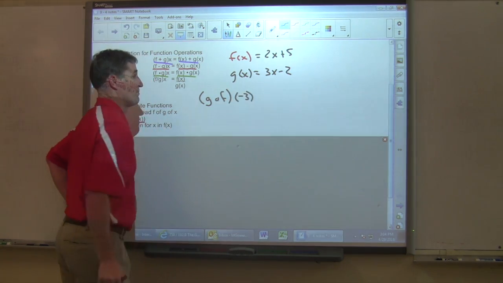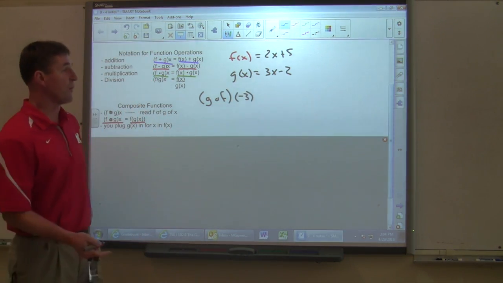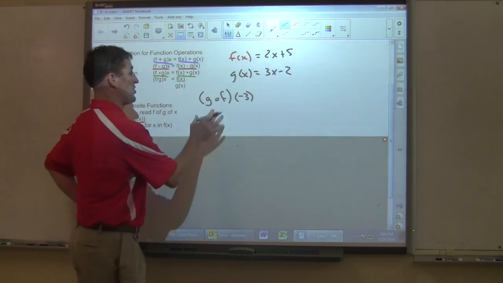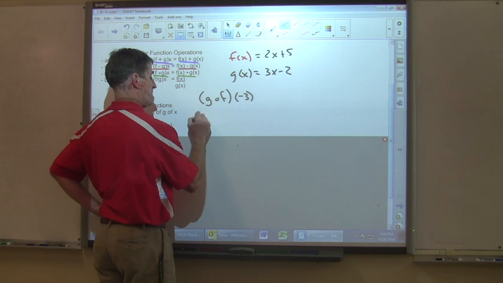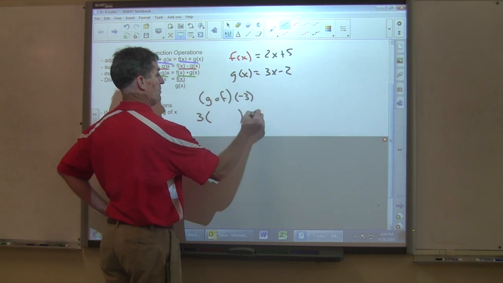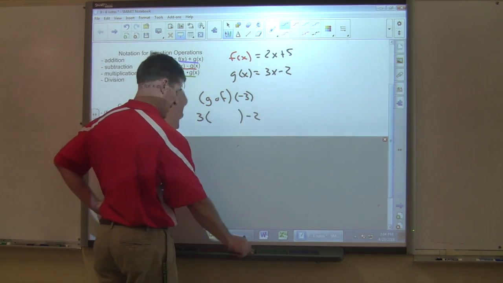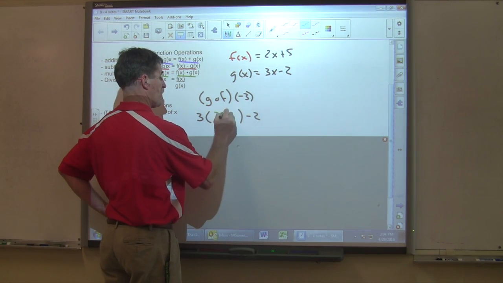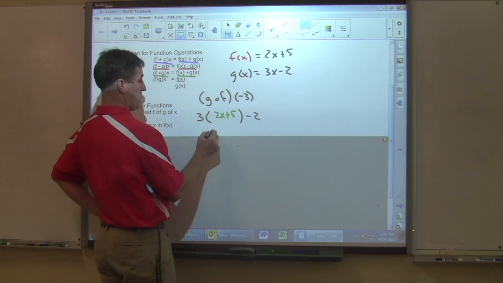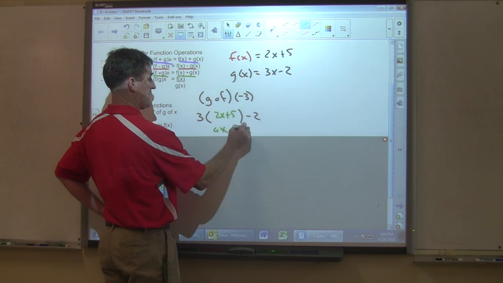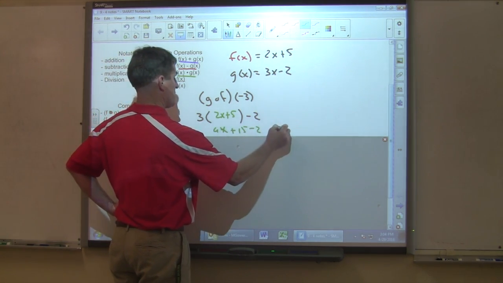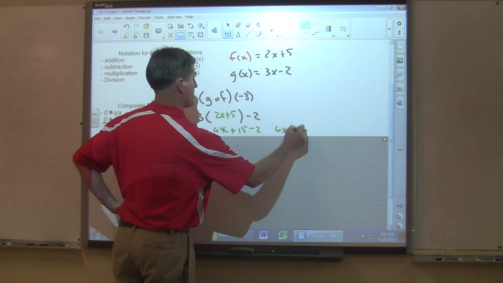So again, there's two ways you can do it. The first way is you can do the function first, so I plug f into g. So 3, and I replace the x with the 2x plus 5. And so we get 6x plus 15 minus 2, so 6x plus 13.